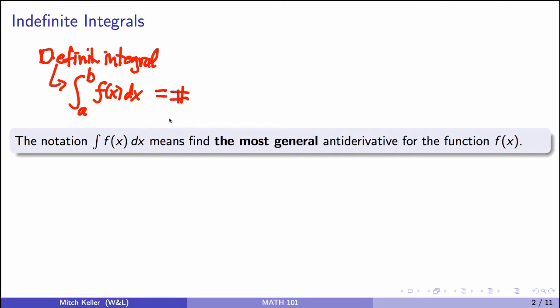It's the net signed area between the graph of y equals f of x and the x-axis from x equals a to x equals b. I like to think about this as a net signed area.